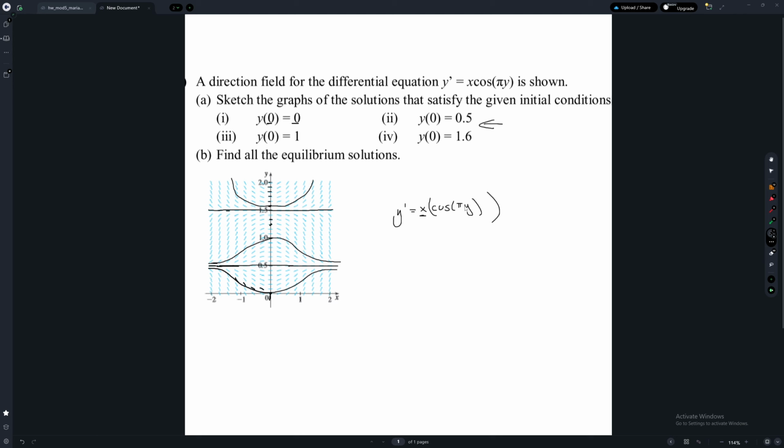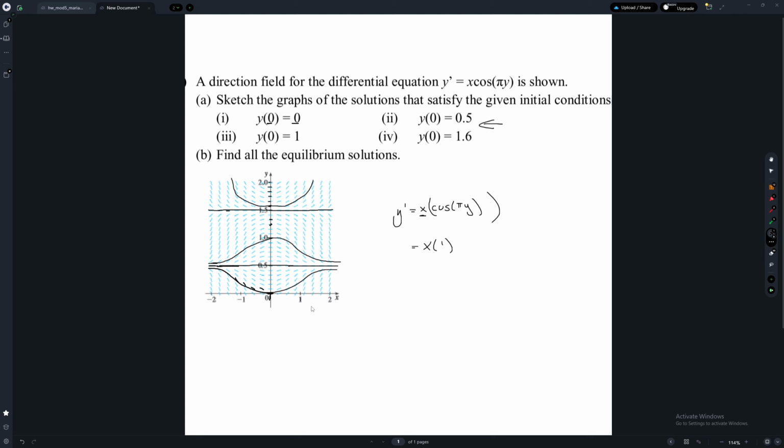And you can look at your y, and you can say when my y is 0, multiplied by pi, that will give me cos of 0, which is 1, and now you'll have x equals 1, right?